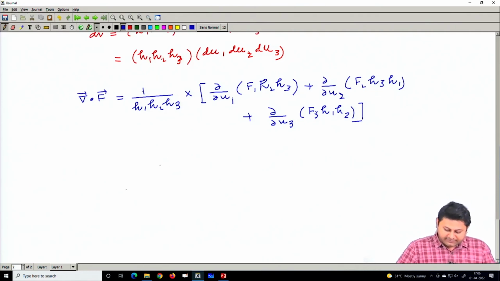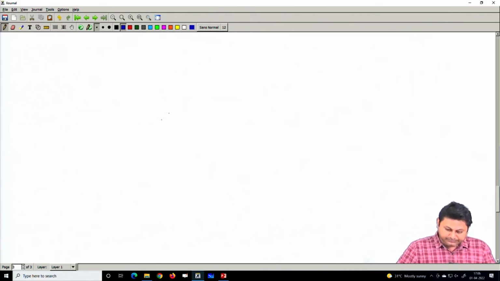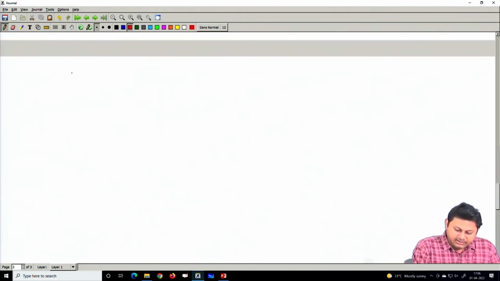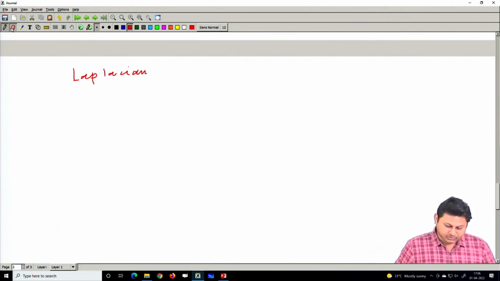Now, after that I will include another very important operator. Let me go to the next page, and that is the Laplacian.